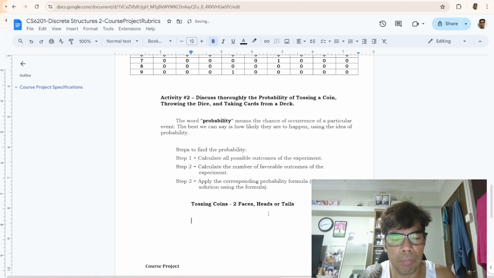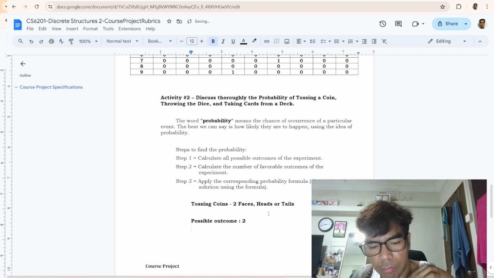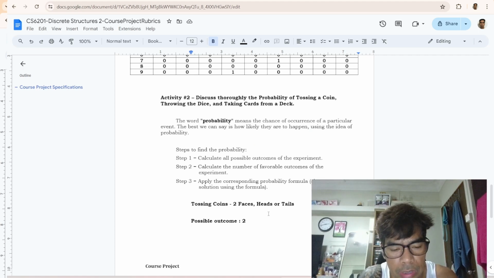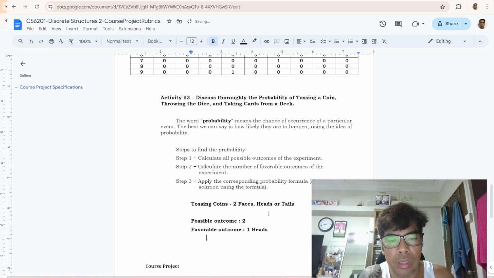So our possible outcome is two. The favorable outcome for heads is 1 and for tails is 1.